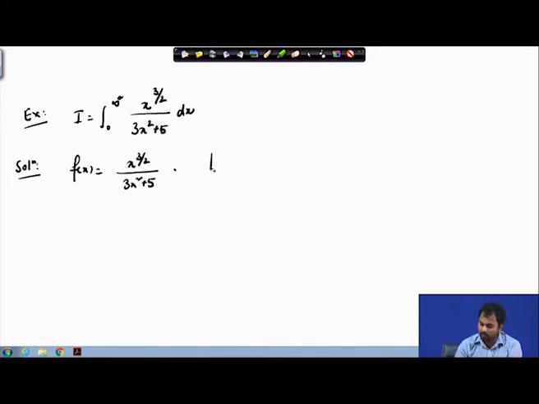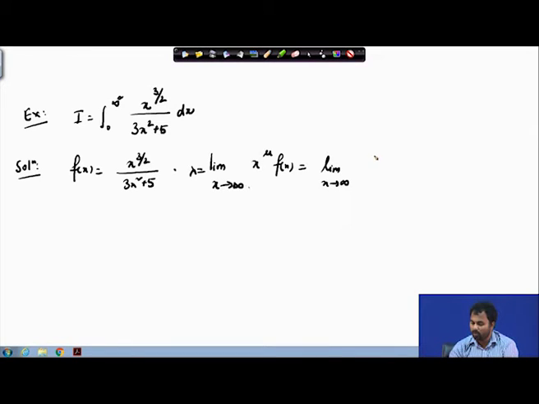So, let us find the limit or lambda from our mu convergence test. So, lambda is basically limit x goes to infinity of x to the power mu f x. So, then this is basically limit x goes to infinity.